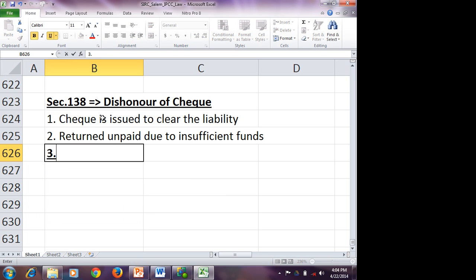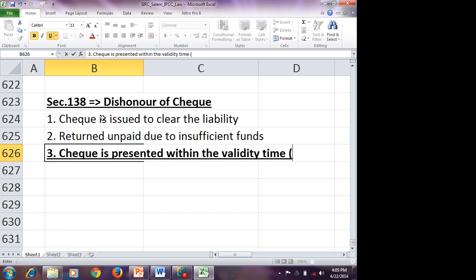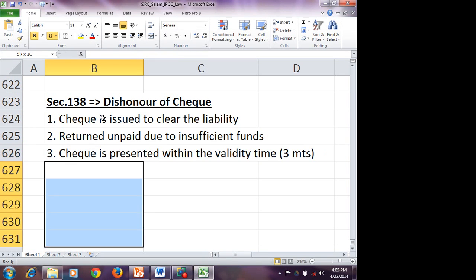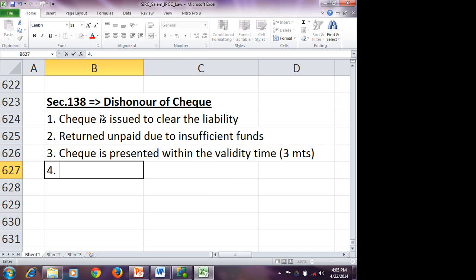And the third condition, the check is presented within the validity time, which is 3 months. If it is dishonored because it is presented after 3 months, nothing can be done. Presented within 3 months. Fourth, once returned, how do you know that the check has been dishonored?